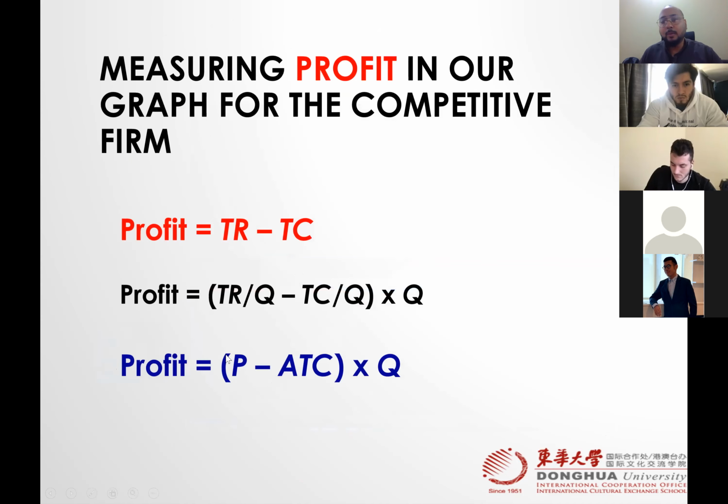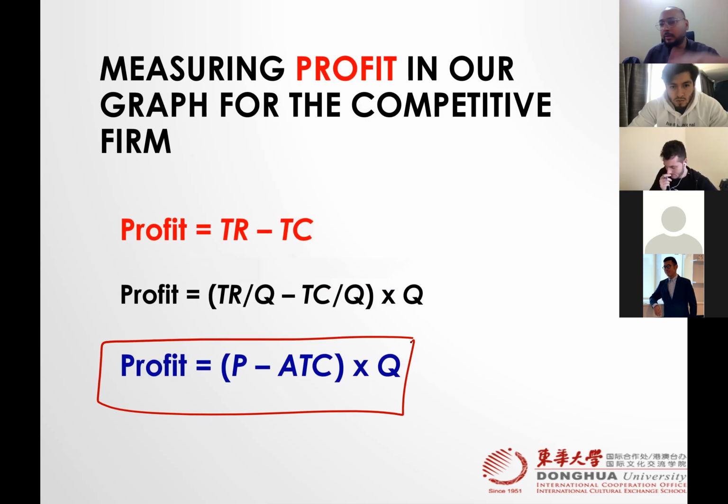And now let's find out the equation for profit. The equation for profit is a mathematical formula which is the same for every market. It's a simple one. Let me prove how we come up with this idea. It's basic mathematics. If some of you lack the basic mathematics concept, don't worry about that. You can remember this formula. But how this formula came about is a basic mathematical property.